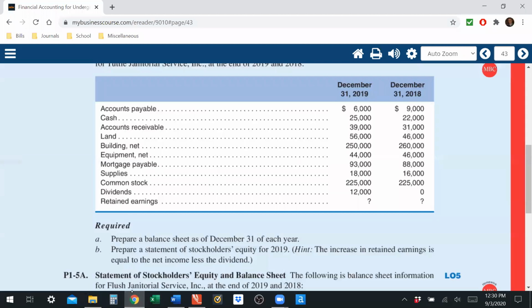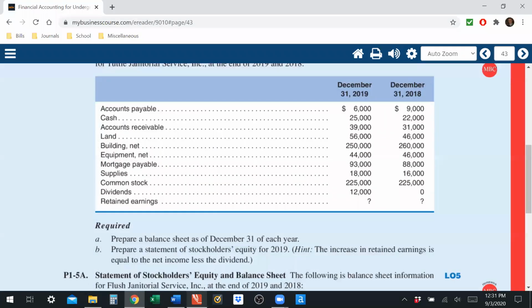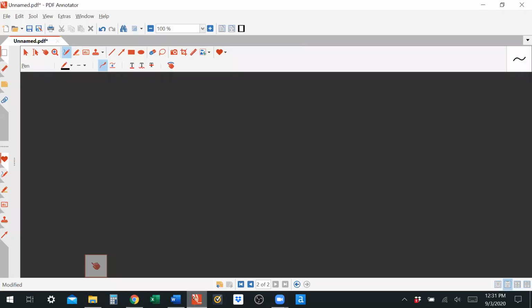All right, we've already done cash, accounts receivable, land, building, equipment, mortgage payable. You guys probably know what that is. The company owes on some asset. They owe some money. They have a mortgage on their factory, on this building here, and the value of it, $88,000 at the end of 2018, is the liability they owe, and at the end of 2019, $93,000.